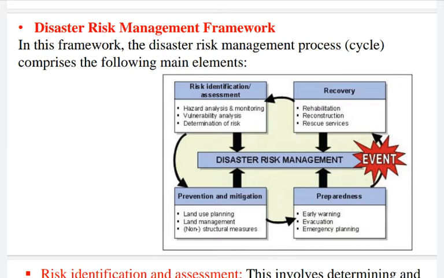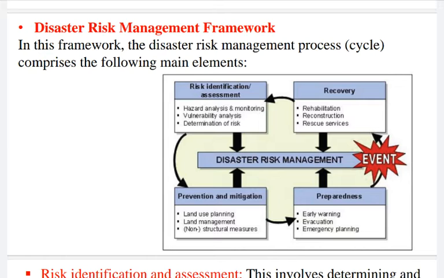After that, the next step is prevention and mitigation, that is land use planning, land management, and non-structural measures, which we will be dealing with in the coming topics. After that, the next stage is preparedness. Preparedness is early warning, evacuation, and emergency planning. Then in between the preparedness stage and the recovery stage, the event can occur.